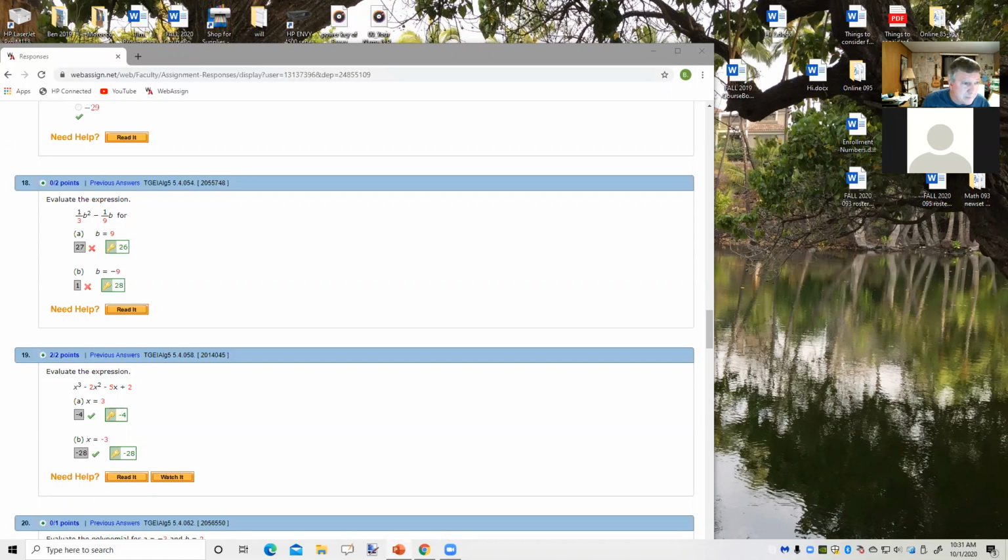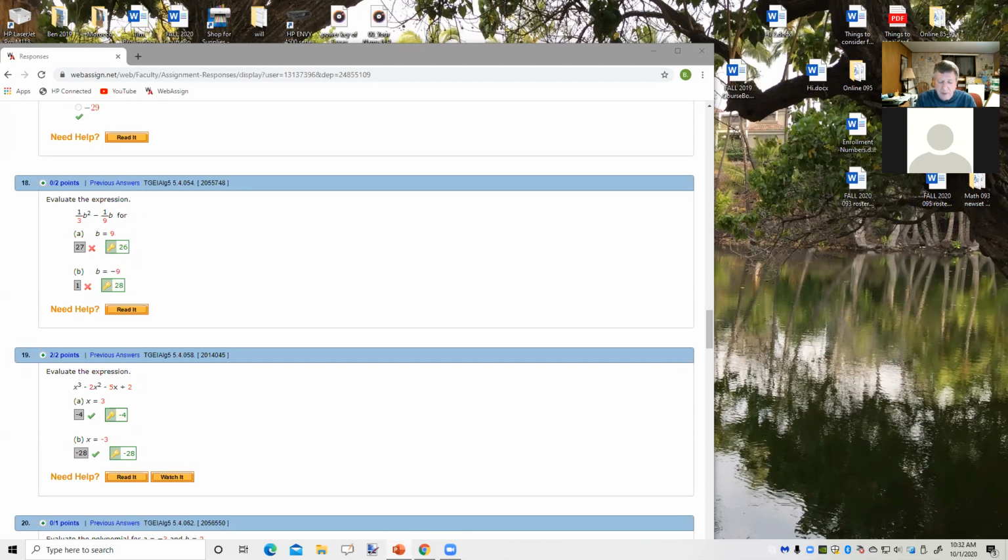It says evaluate the expression 1/3 b squared minus 1/9 b. Part A for b equals 9. So we're going to take 9 and substitute that in the place of b. So we're going to get 1/3 times 9 squared minus 1/9 times 9.